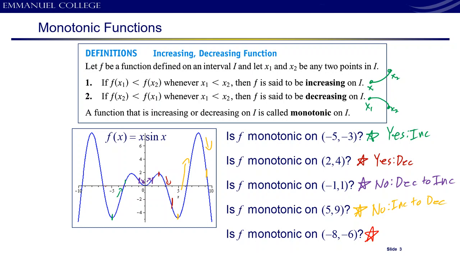So here's -6, -7, -8. Not quite there. But yeah, that one would be a yes, because this would be an always decreasing.